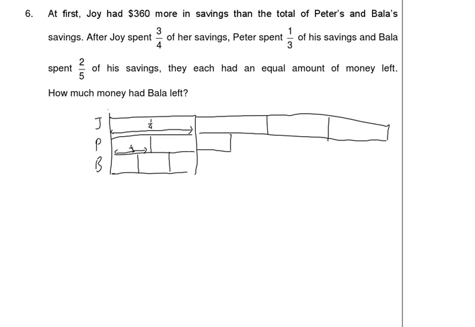So I put 2 units, 2 units, 2 units. Here will be 3 units, 3 units, 3 units. Here with 4 units, to make it one whole. And here will be 6 units, 6 units, 6 units, 6 units. So let's summarize the information: 24 units here, 9 units, and 10 units.